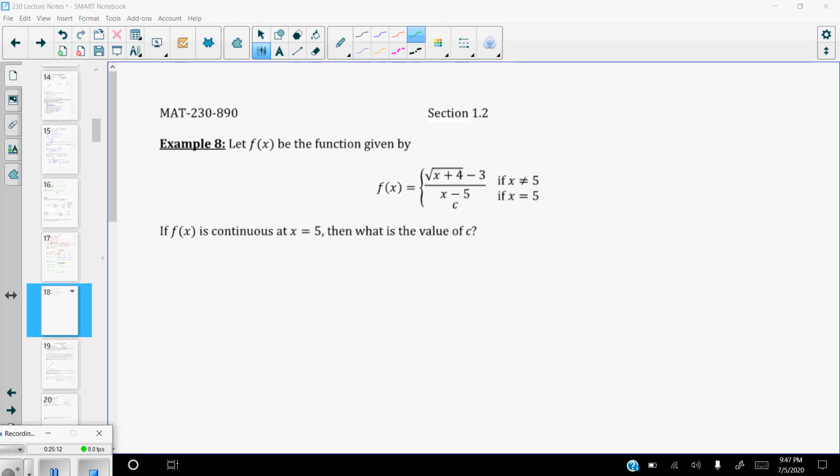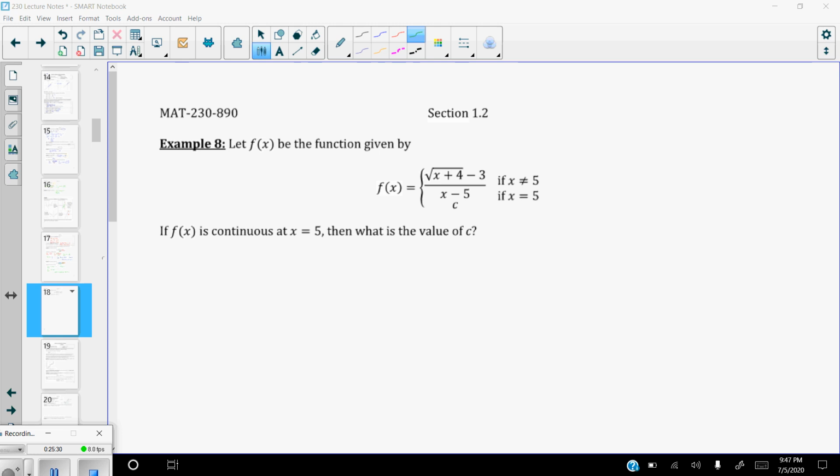The last example here says, let f of x be the function defined by the piecewise function given. If f of x is continuous at x equals 5, then what is the value of c? So now it's telling us we want this to be continuous at x equals 5.